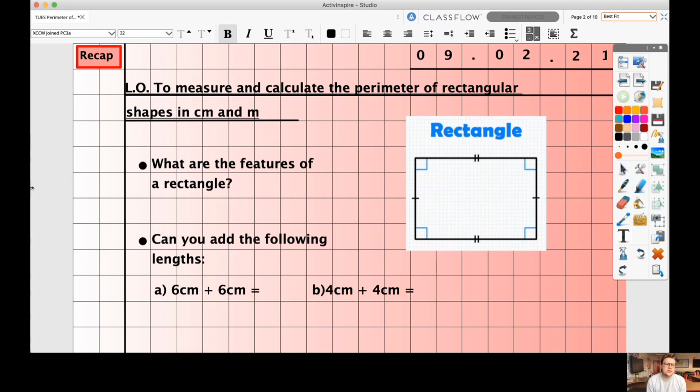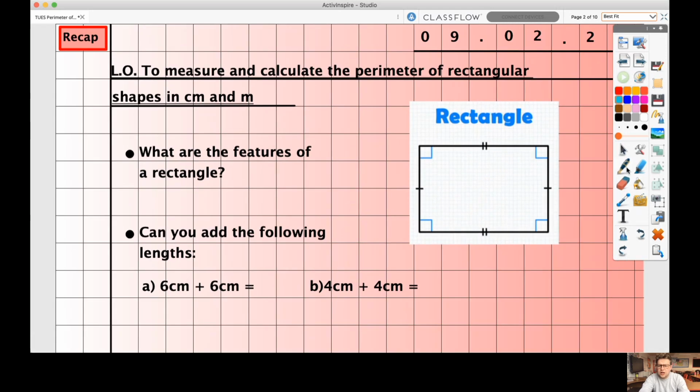Okay, so what are the features of a rectangle? So we know that a rectangle's got 4 sides, and all of the sides aren't the same size. We've got 2 sides. I'm going to draw lines on them so that you can see. So the one with 2 lines, let's make it red so it stands out a bit bigger.